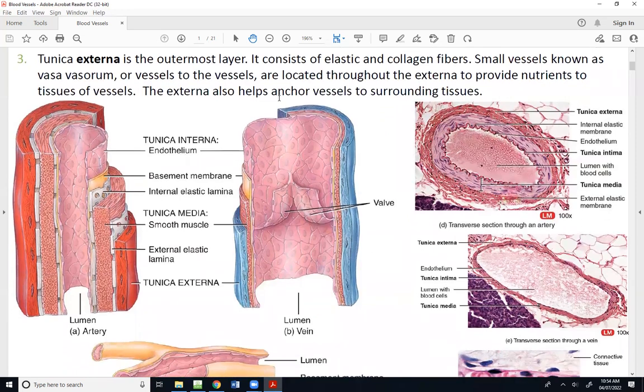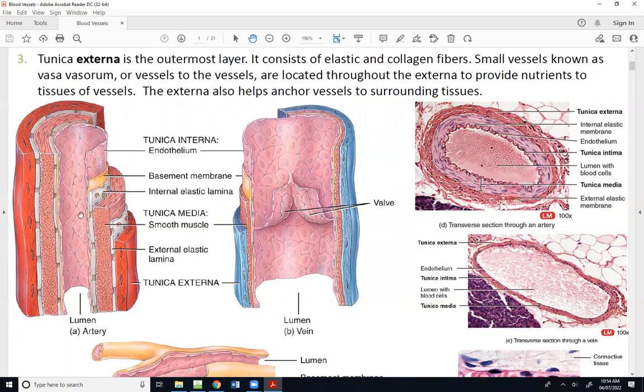And speaking of the externa, it's the outermost layer of your blood vessels, found both in arteries and veins. It consists of elastic and collagen fibers. Your biggest arteries and veins are actually going to have small little blood vessels in this layer, called vasa vasorum, or vessels to the vessels. They are like the coronary arteries and veins that we just talked about that are supplying the heart.